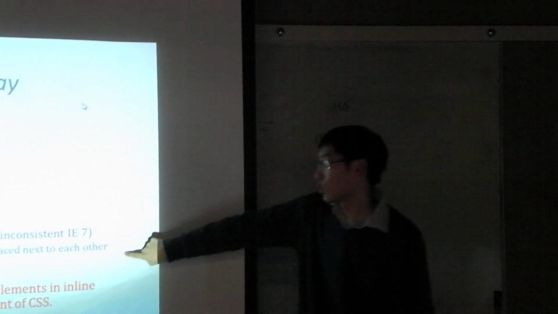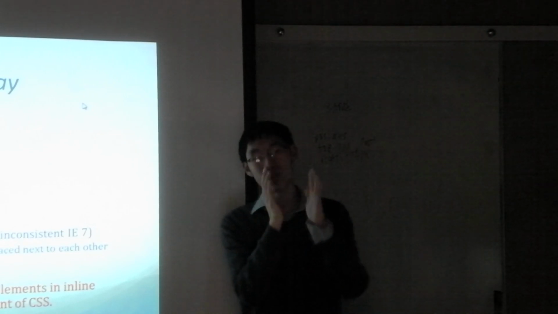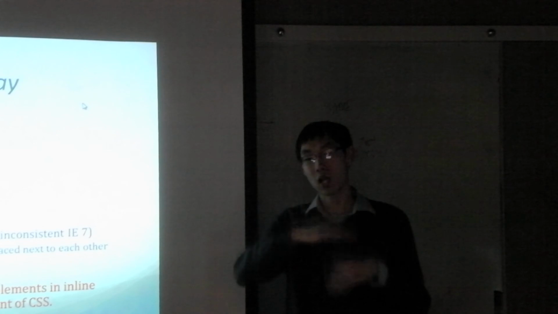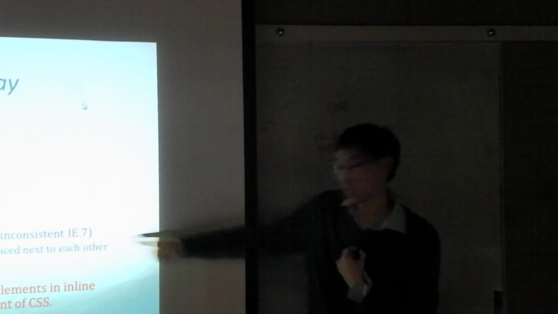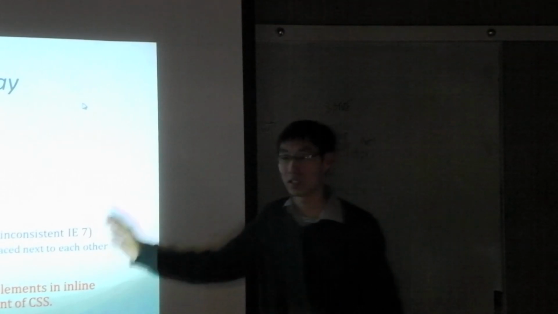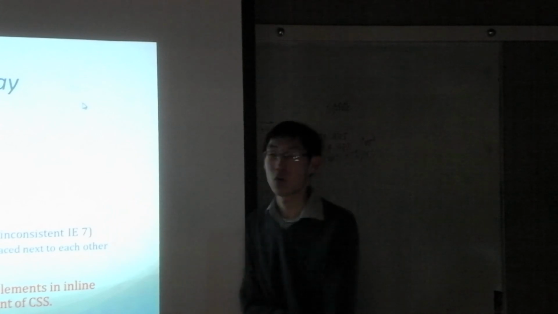Because what inline-block will do is that it'll actually stack left to right, instead of having the default behavior of block elements be top down. But you shouldn't use this because this is actually not supported in IE6 and it's really inconsistent, so it's not compatible.